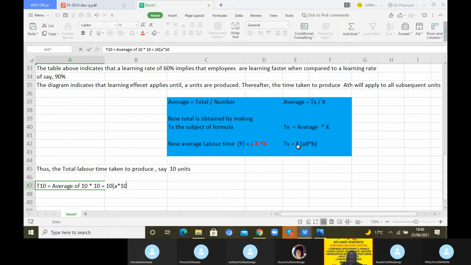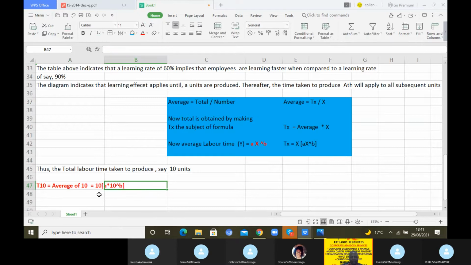Remember, total for X is X times AX to the power B. In this case, X is 10. So it's 10 times average of 10, which is A 10 to the power B. This is how you find the total time to produce 10 units.